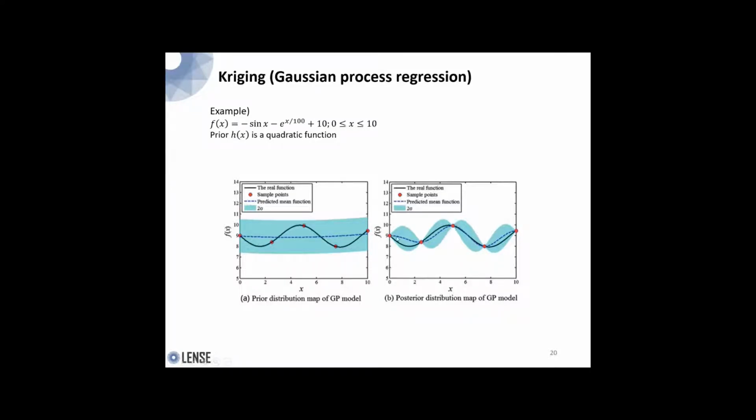So you have this blue as the model, but you also have these 2 sigma bounds, for example, or 3 sigma bounds, whatever you choose to work with. So you can actually create bounds on what you estimate. And as you add more points, you get closer and closer to the real function, and these bounds get smaller and smaller. That's the idea.